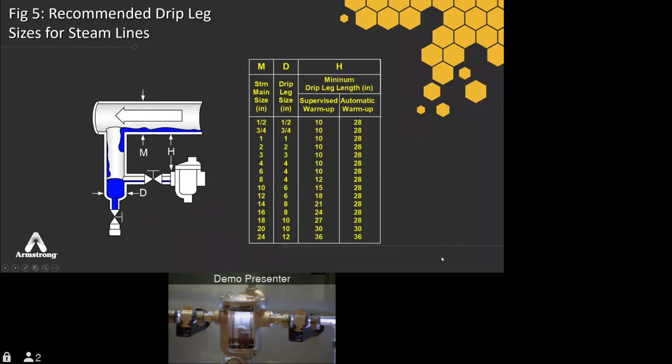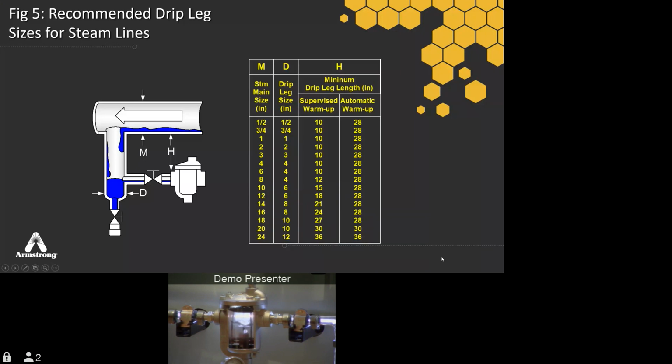Once you get above that, we do the nominal pipe size, half the size of the main above. So if you look at the rule that we give you off to the chart on the right, you can see up to 4 inch is a 4-inch drip leg. When you go to 6-inch, it's still a 4-inch drip leg, half of the nominal pipe size up.